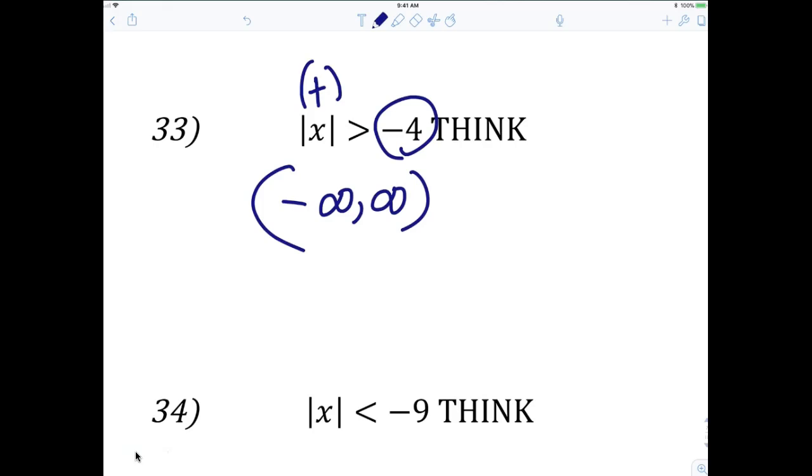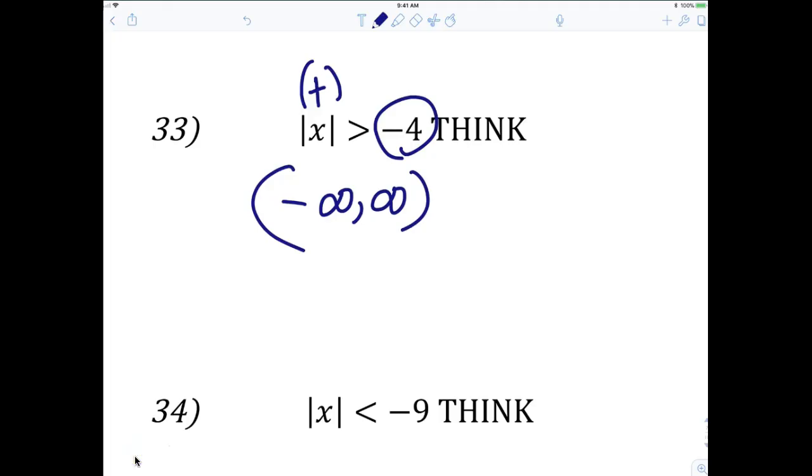When you take the absolute value of that number, it's going to be greater than negative 4. When you take the absolute value of a number, you get a positive number, unless it's 0. But still, 0 is greater than negative 4. You understand now why it doesn't matter what number.